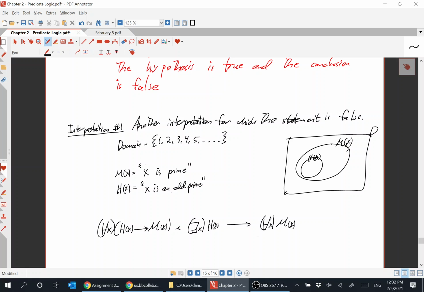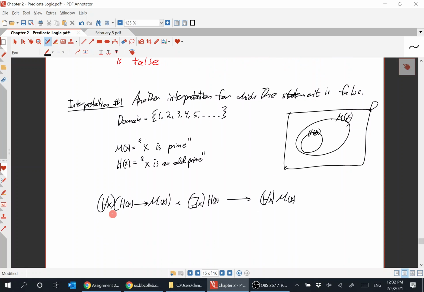Right, so for every x, h of x implies m of x. Is it true for every x in this domain, x is an odd prime, implies x is a prime?